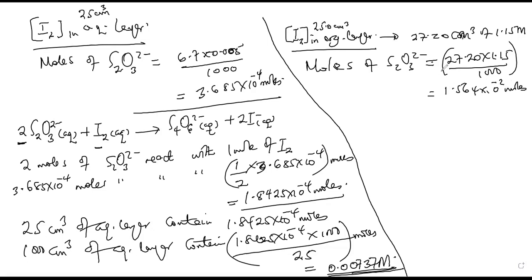From the reaction ratio, 2 moles of thiosulfate react with 1 mole of iodine, meaning that moles of iodine are equal to a half of 1.564 times 10 to the power -2.